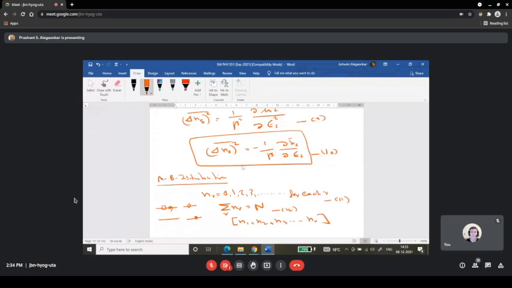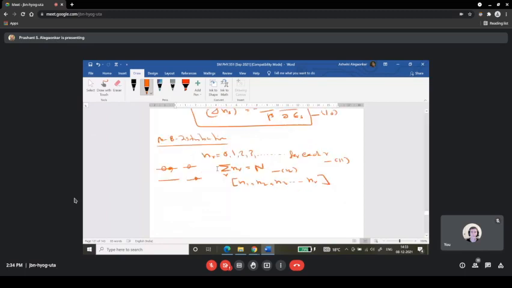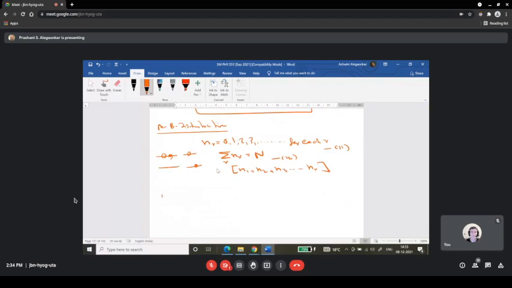Whereas now if you look at the same thing from the Bose-Einstein statistics, in Bose-Einstein statistics, particles are indistinguishable.